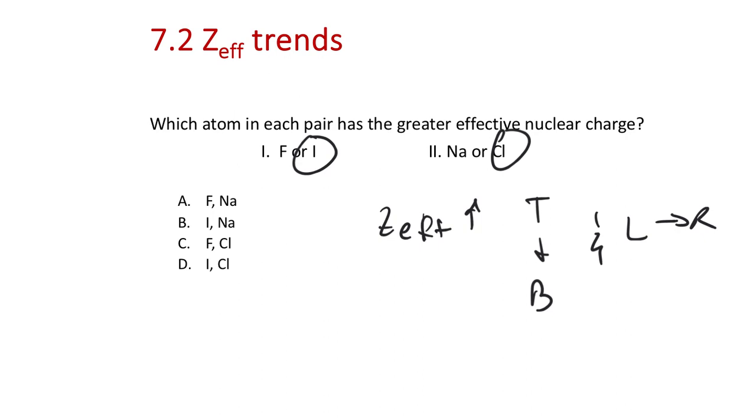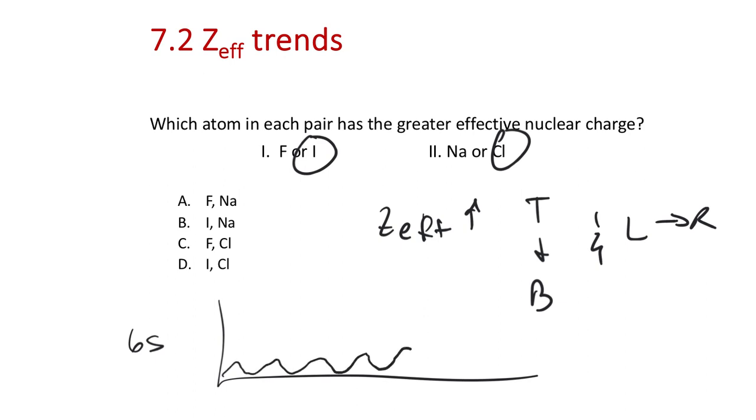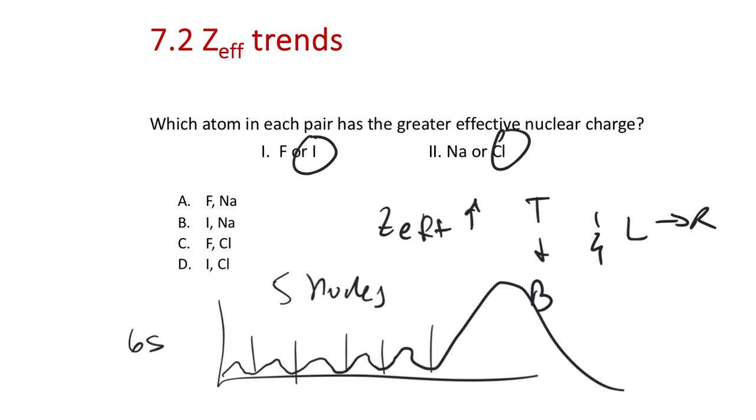But the effective charge increases because, do you remember these curves? If you imagine having, say, a 6s subshell, we'd have 5 nodes for a 6s: 1, 2, 3, 4, 5 nodes for this orbital.